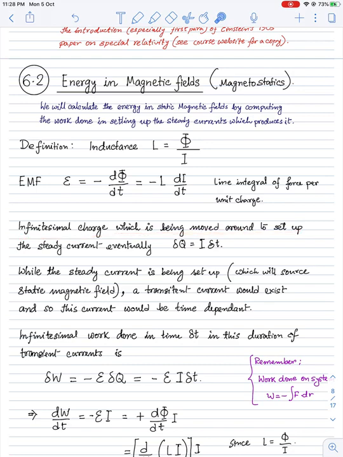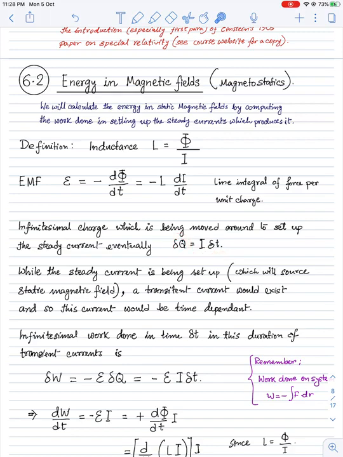So if we consider the infinitesimal charge being moved around to form this current I, that infinitesimal charge will be I times delta t, because current is basically charge per unit time flowing through a surface.